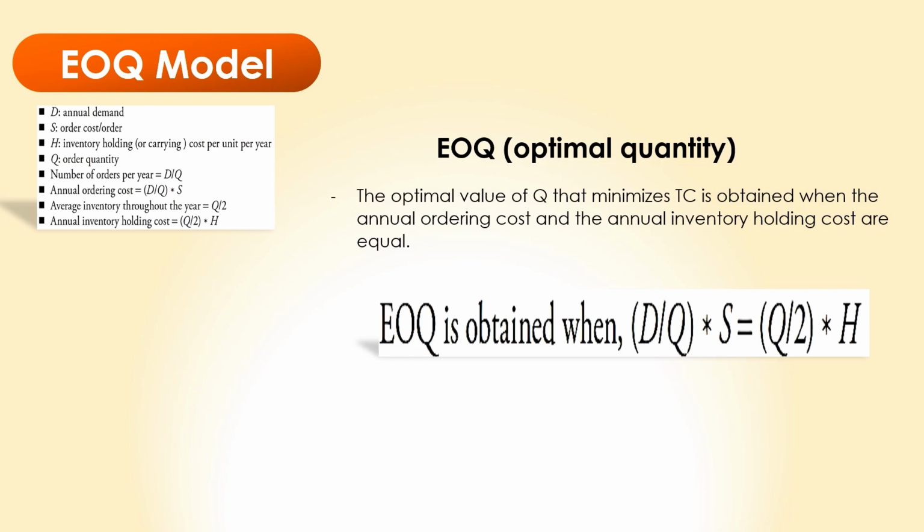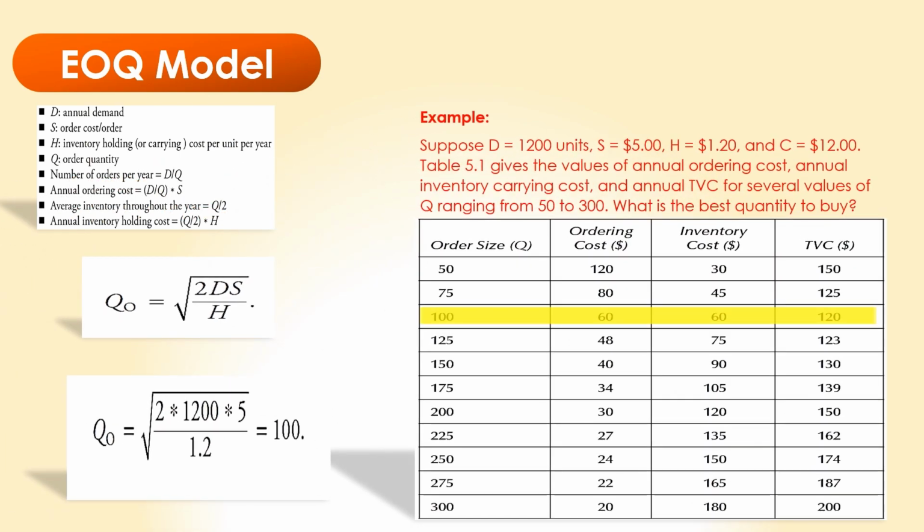In this equation, we have derived to the formula Q is equal to the square root of 2DS all over H. So if we use that formula to the example, then we will get 100. And if we go back to the table given earlier, you can notice that the ordering cost is equal to the inventory cost. So our optimal quantity here would be 100.